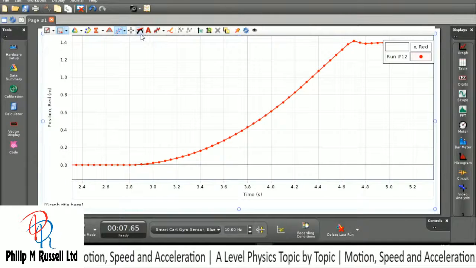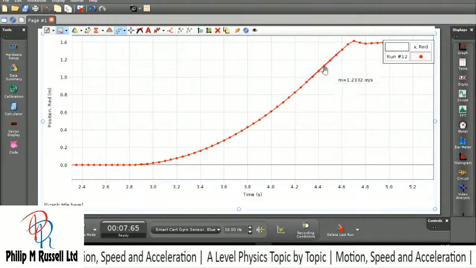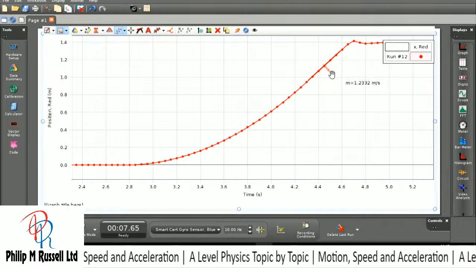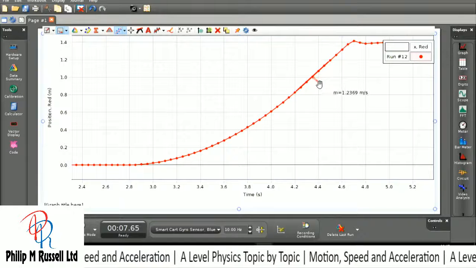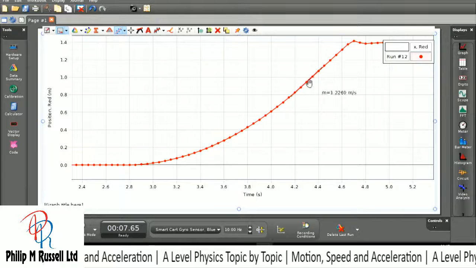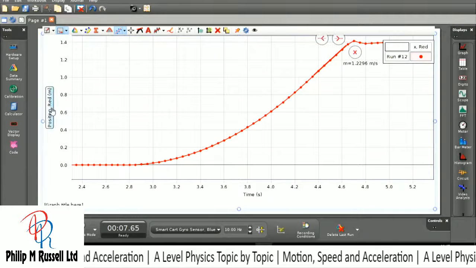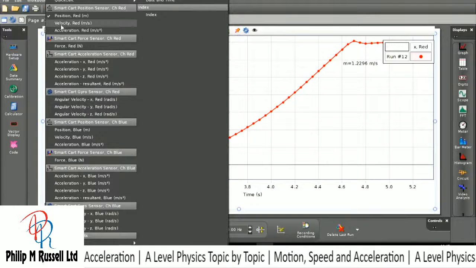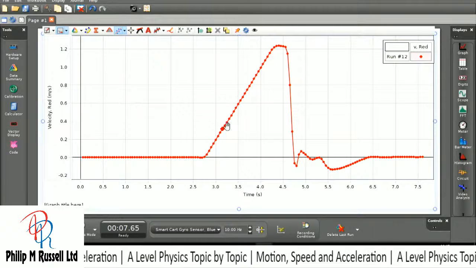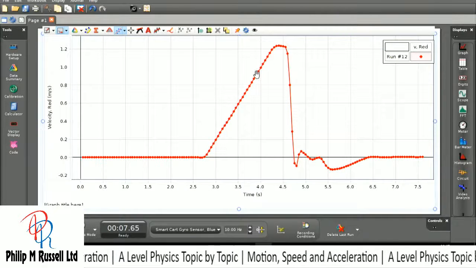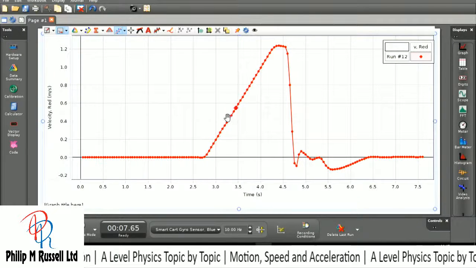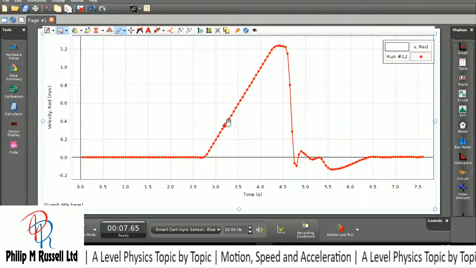And I can prove that by bringing in my little line, and it's staying more or less the same there, but here it's starting to change an awful lot. This is my position. Let's look at my velocity graph, and we have got relatively constant acceleration because this is due to gravity.